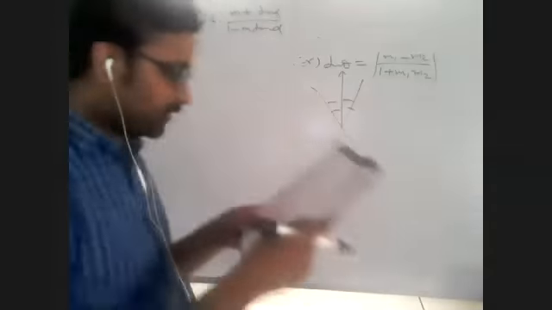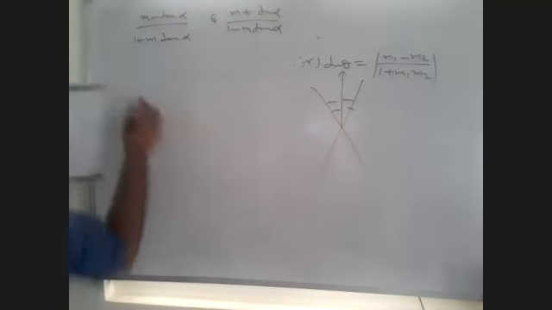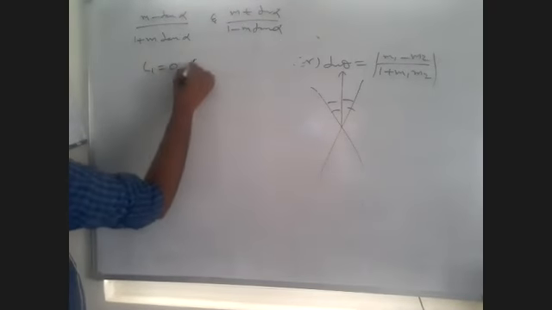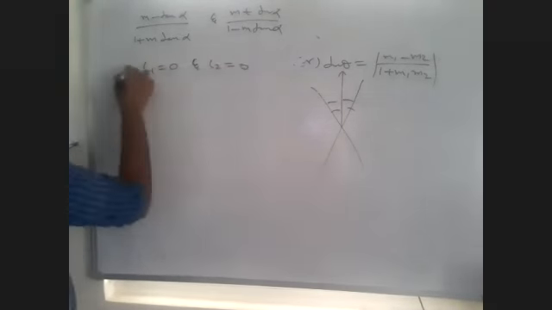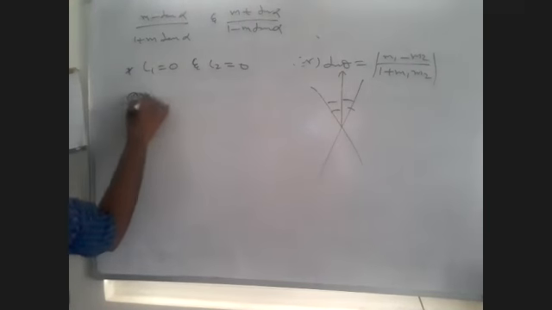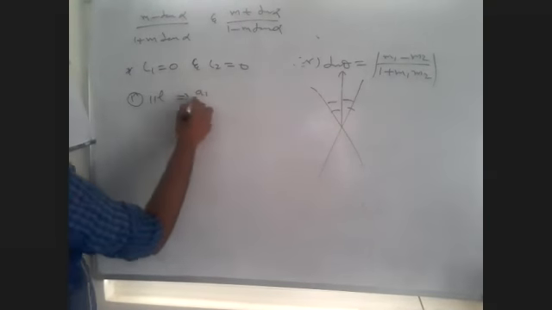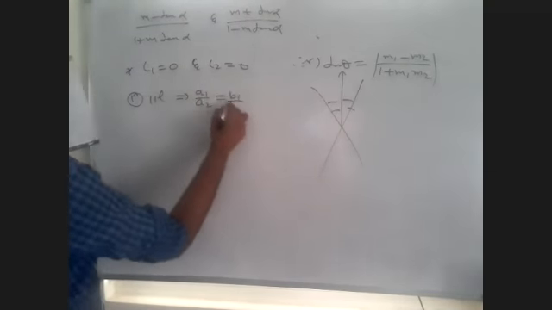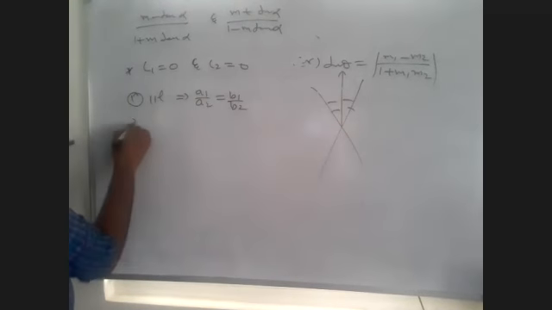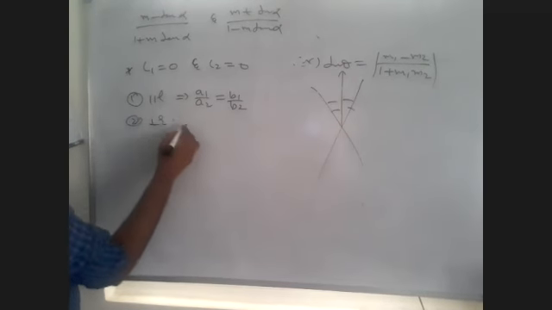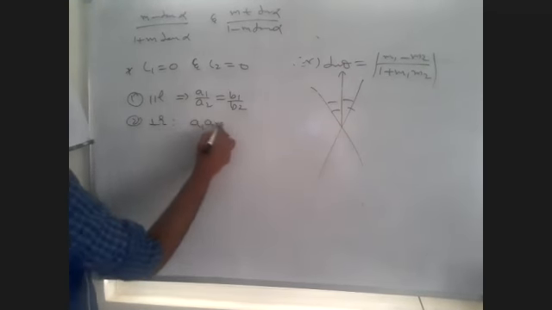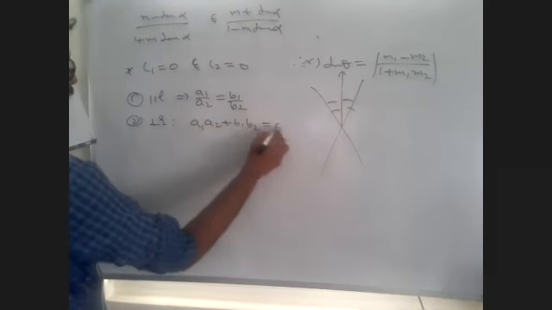Yeah, one more minute is there. If L1 equal to 0 and L2 equal to 0 are two lines, then if the two lines are parallel, we know the condition is A1 by A2 equal to B1 by B2. If two lines are perpendicular, then the condition is A1 A2 plus B1 B2 equal to 0.